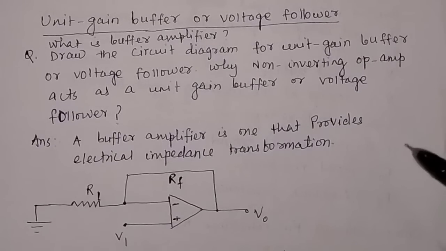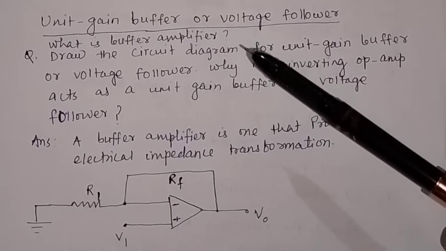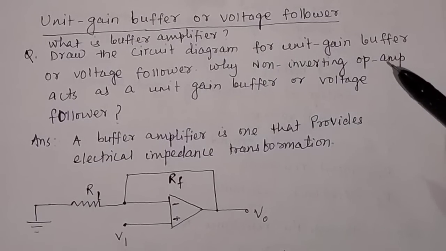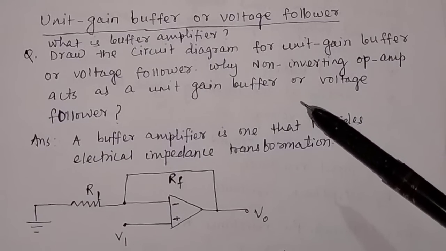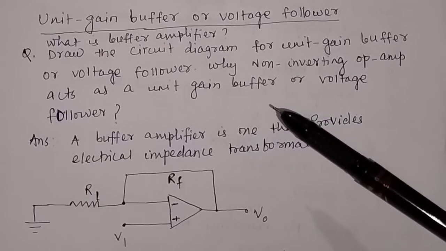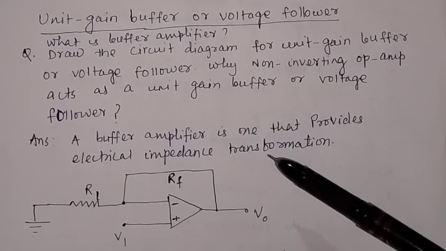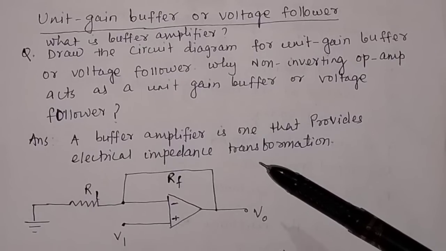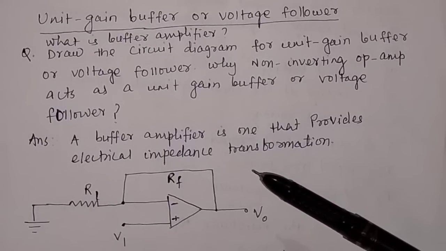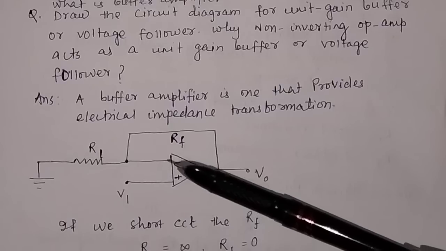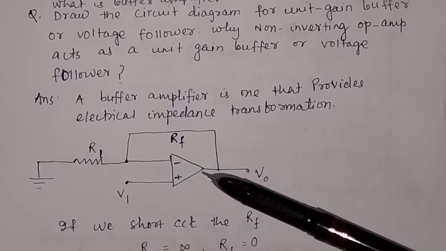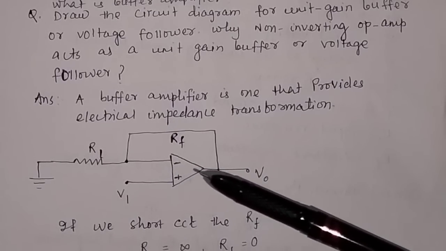Another question generally asked in the examination: what is a buffer amplifier, and draw the circuit diagram for a unit gain buffer or voltage follower. Why does a non-inverting operational amplifier act as a unit gain buffer or voltage follower? What is a buffer amplifier? A buffer amplifier is one that provides electrical impedance transformation. Here you see in the case of an operational amplifier, the input impedance is high and the output impedance is low. So there is impedance transformation, but there is no voltage transformation.